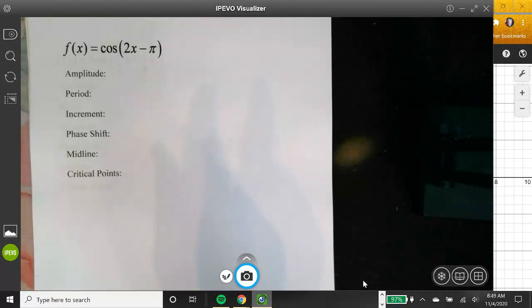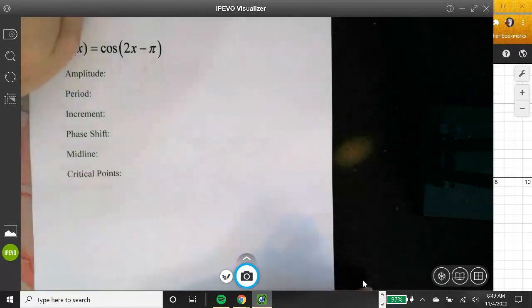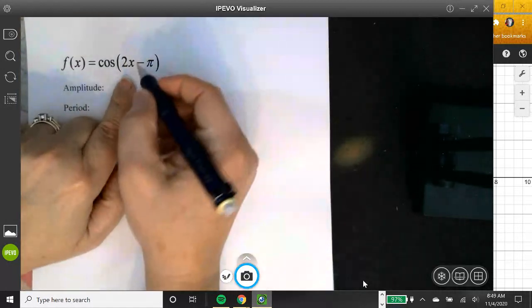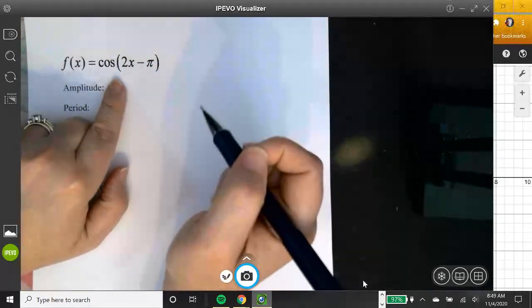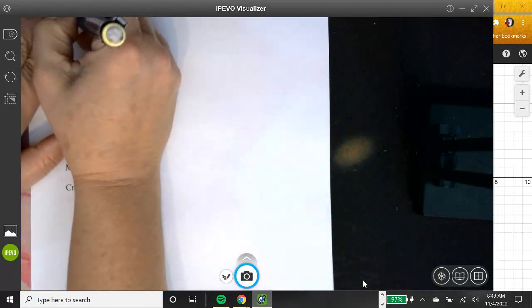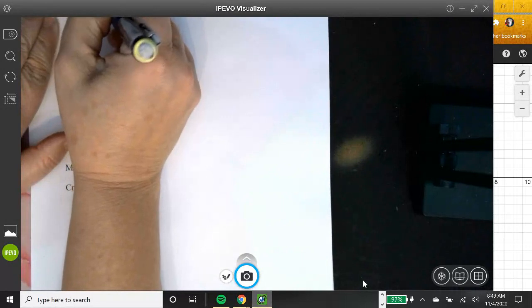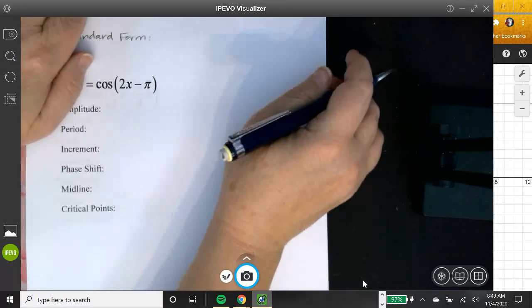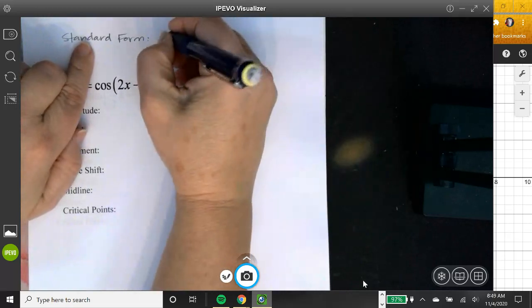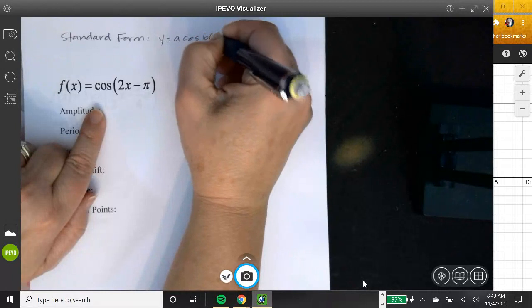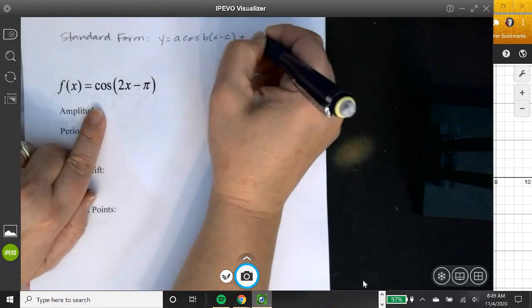Oh no, this looks a little strange. The b term is not outside of the parentheses. So what was standard form? Let's refresh our memory. Standard form of the equation is y equals a cosine b x minus c plus d.